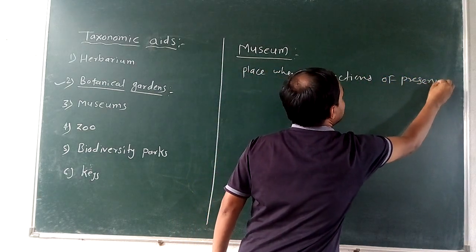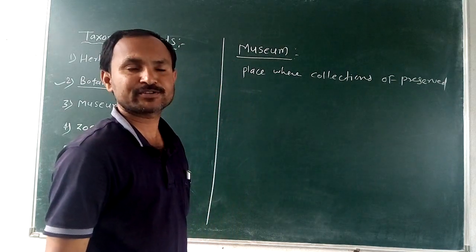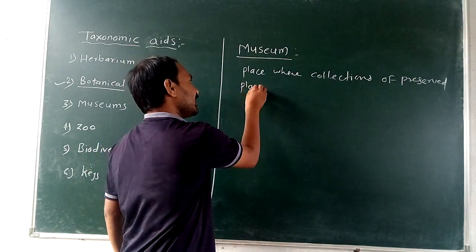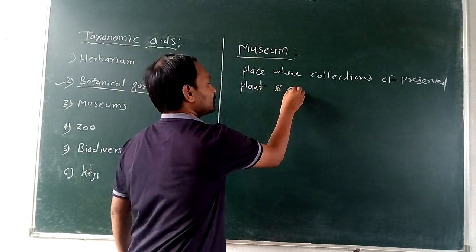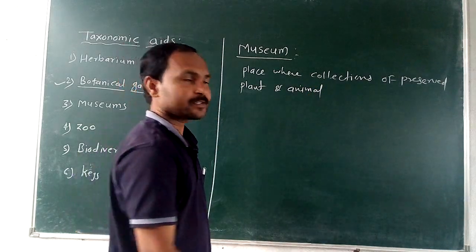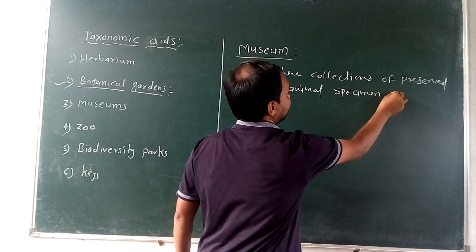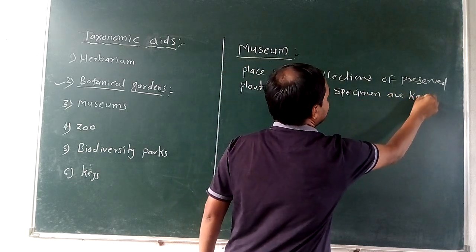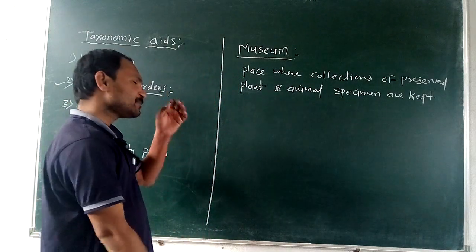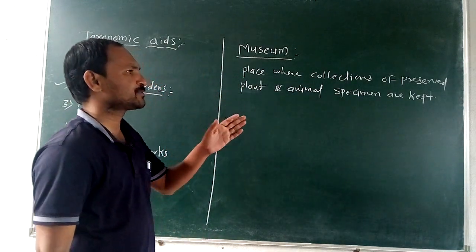Preserved means we can preserve the material. This is the museum. Museum is the place where a collection of preserved plant and animal specimens are kept.